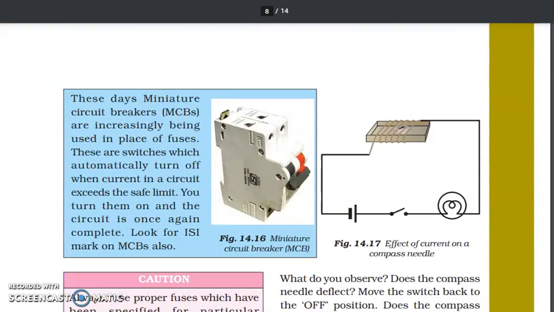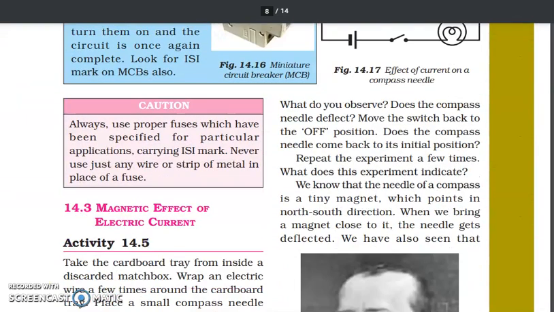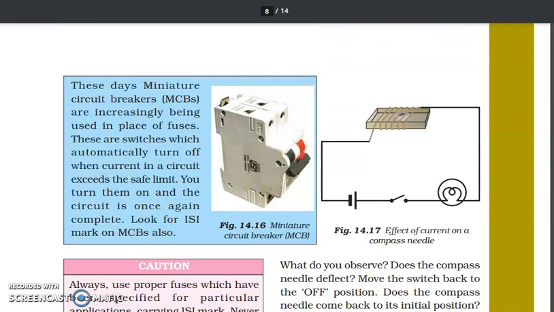We were discussing how we can create our own electromagnet. Like we have discussed in activity 14.17, where we have taken a compass needle and a tray of a matchbox and wrapped a wire around it. With the wire, we have connected one bulb, a switch, of course, and a battery.